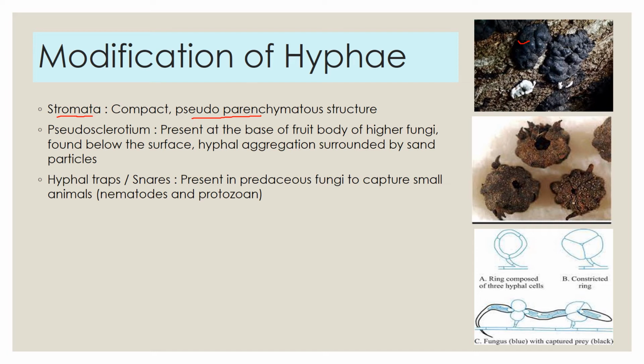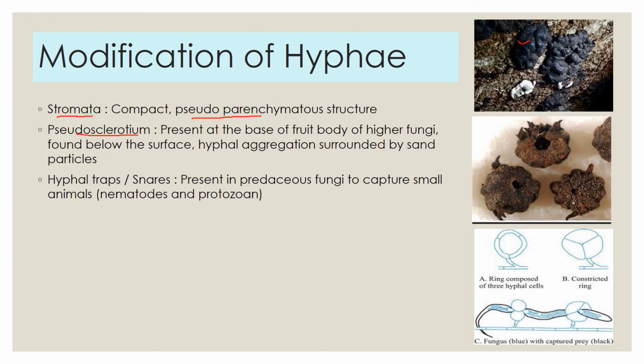Then we have the pseudosclerotium. Pseudosclerotium is not a true hyphal structure. It is generally formed at the base of the hyphal reproductive structure, and it is a mass of hypha surrounded by grains of sand.